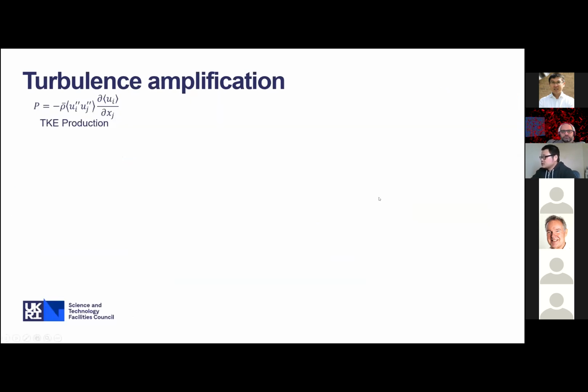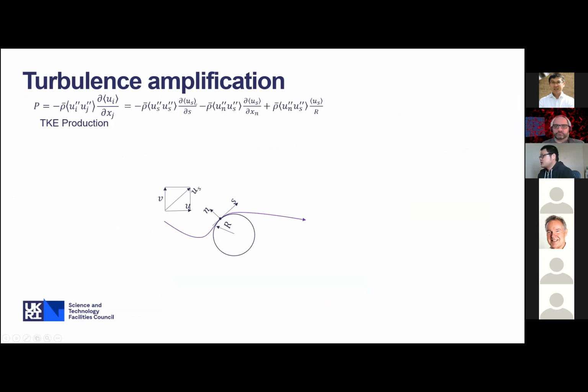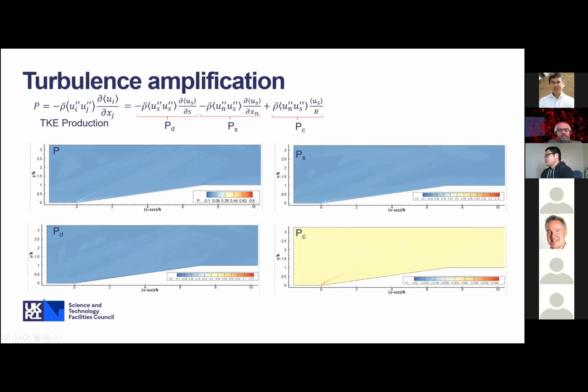First of all, we decompose the TKE production terms in curvilinear streamline coordinates. We decompose it into the streamwise deceleration term, the shear-driven term, and the curvature term. This term is driven by the radius of the curvature. Then we study how each term acts in the amplification of turbulence.